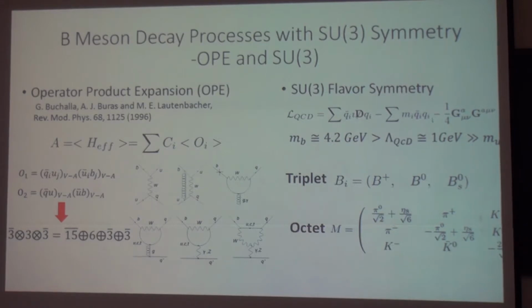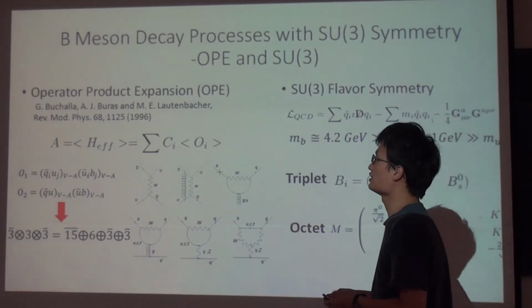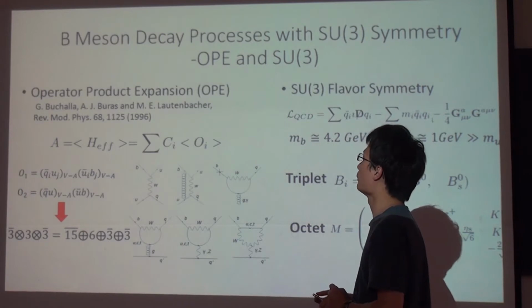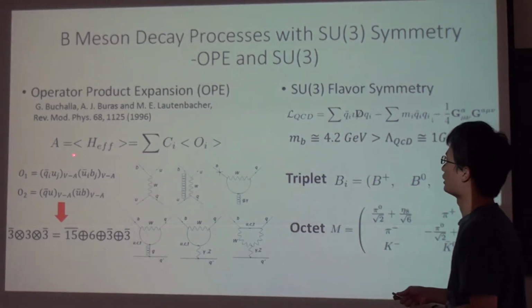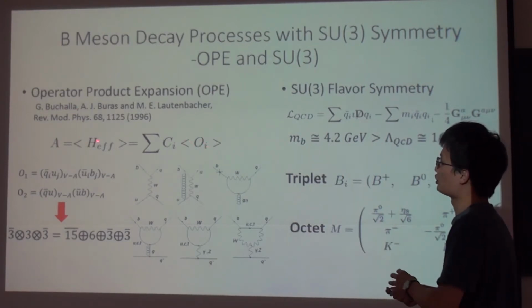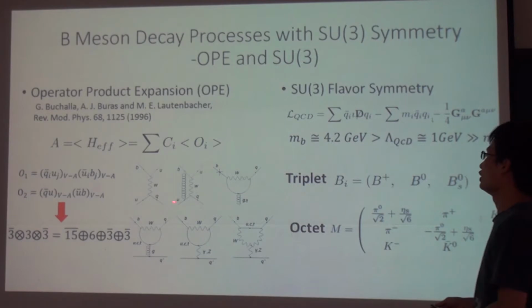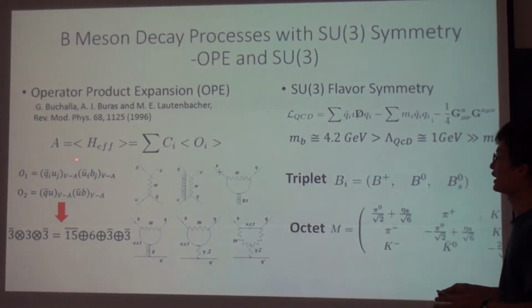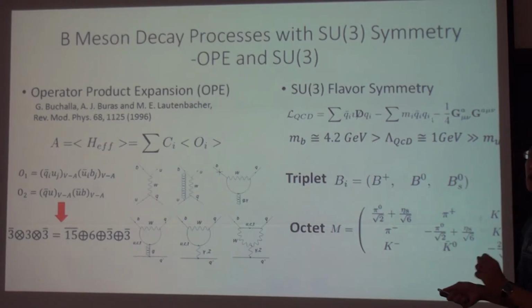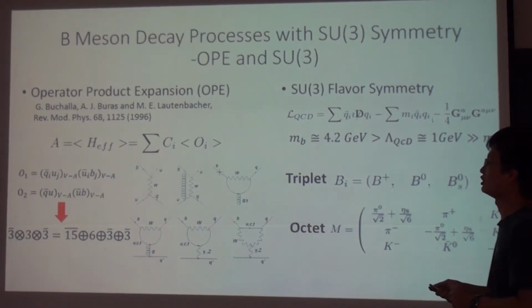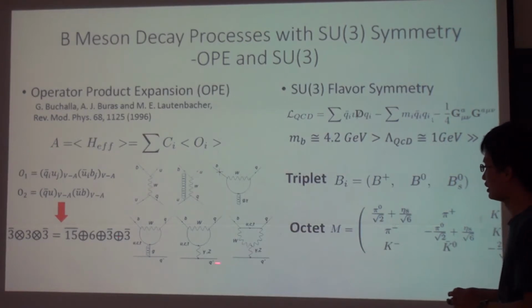Okay, now we have such a flavor symmetry, and we use another theoretical tool called the operator product expansion (OPE). It is introduced in detail in this paper, and we just say that the decay amplitude can be combined from some effective operators and some coefficients. And these effective operators come from these Feynman diagrams.